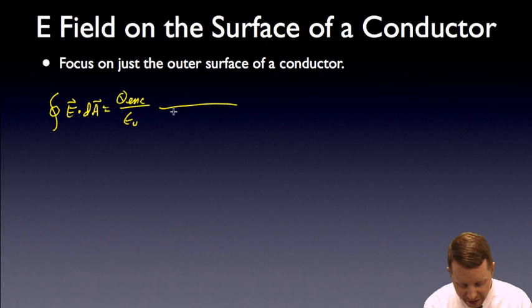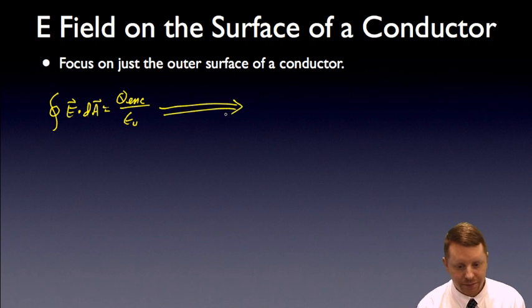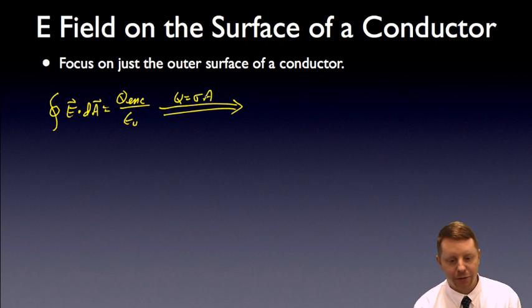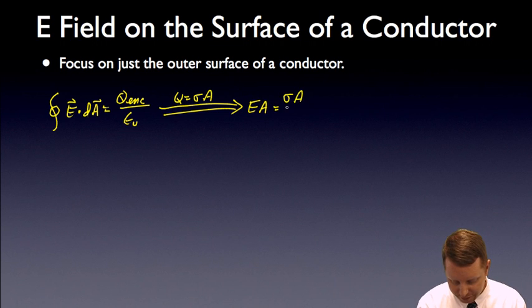And then we can state, by symmetry, we know that the charge must be sigma A. And if symmetry exists, the left-hand side is just going to become the electric field times the area, equal to Q, which is sigma A over epsilon zero.